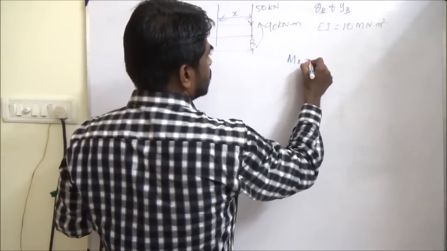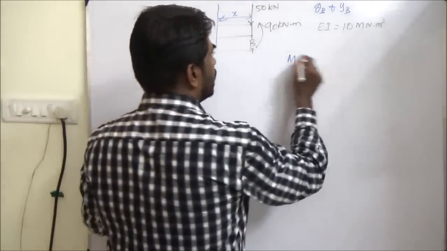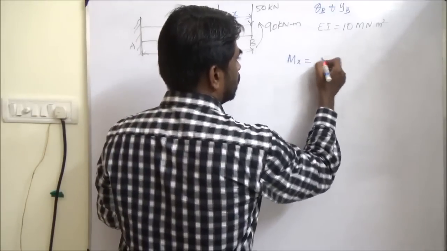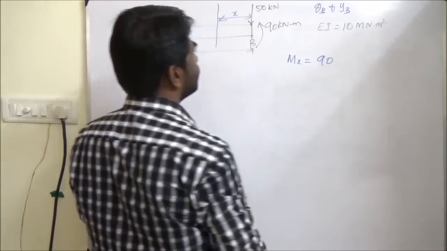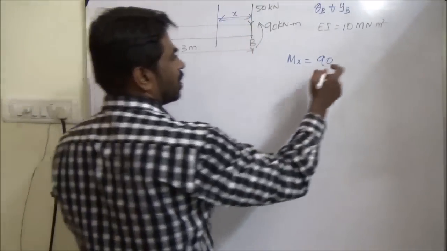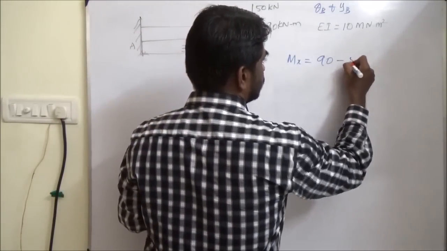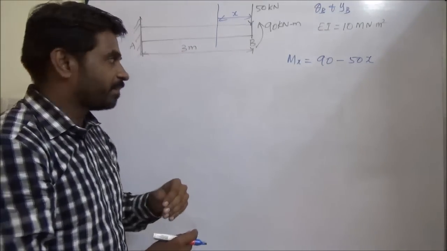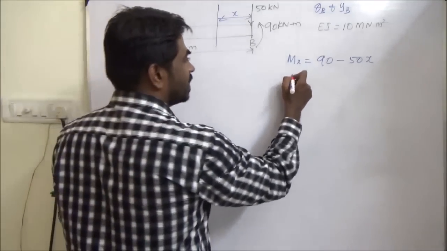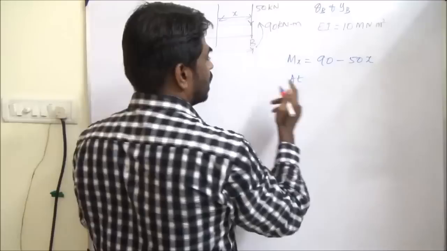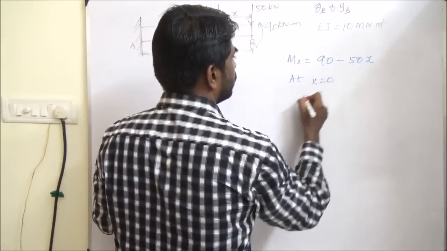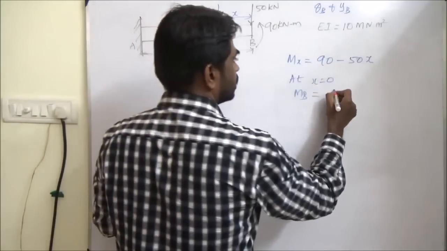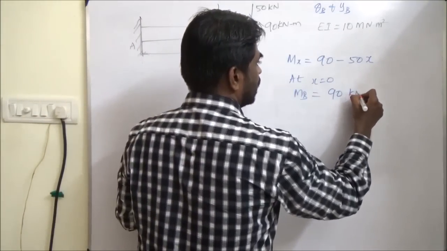So at this x, the bending moment, this is anti-clockwise, so it is positive 90, and this is producing a clockwise, so minus 50x. This is the expression for bending moment. Okay, so if we apply boundary condition at x equal to 0, MB will be 90 kilonewton meter.